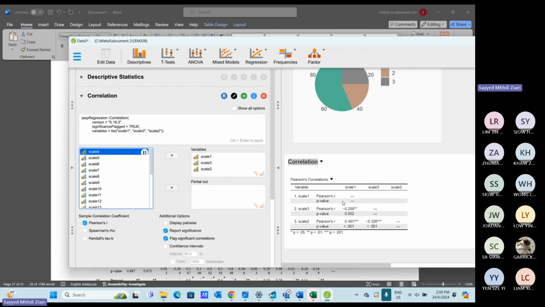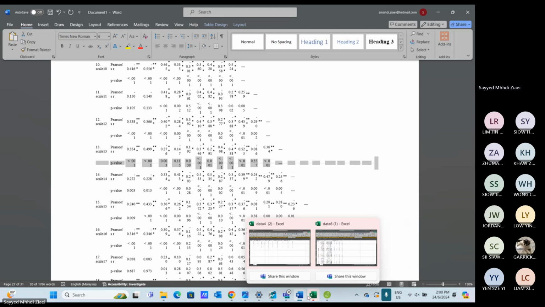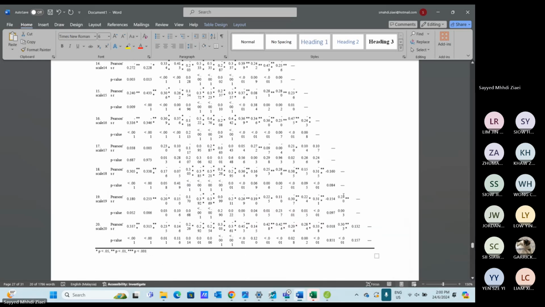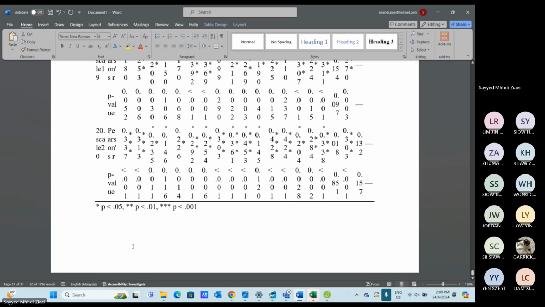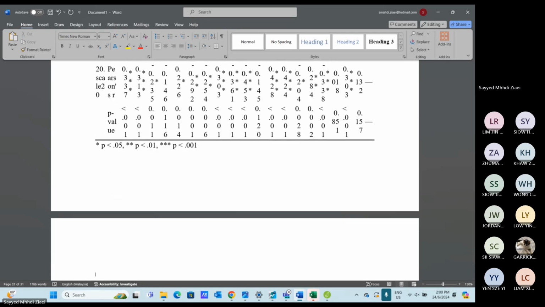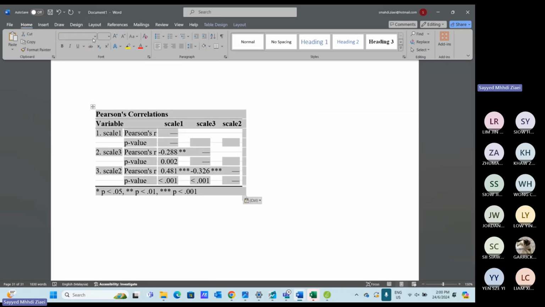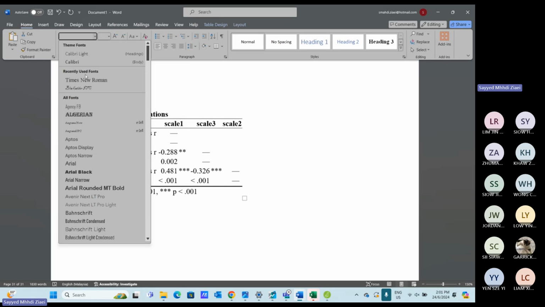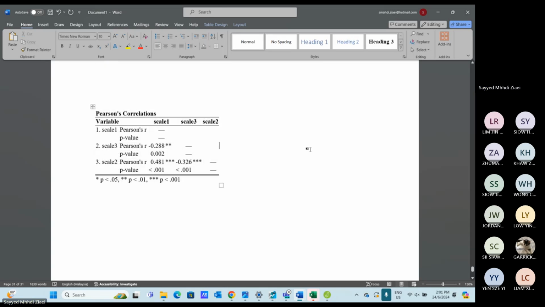So this table pops up. Pearson correlation shows the correlations between 3 scales, which maybe are relevant to one independent variable. All of them are significant.